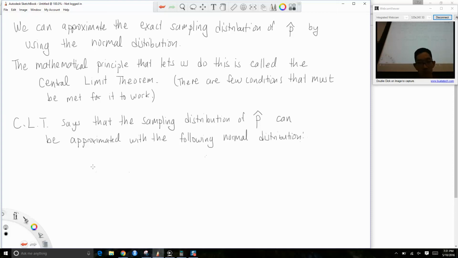Okay, so it'll be normal with mean equal to p and standard deviation equal to, and it's just a slightly ugly formula, but not too bad, the square root of p times 1 minus p divided by n.